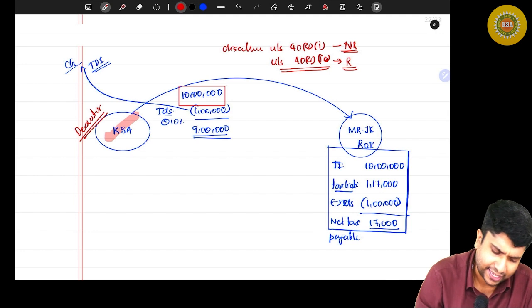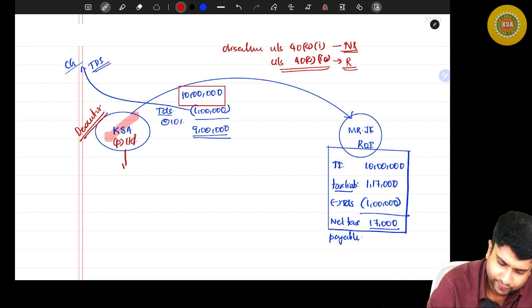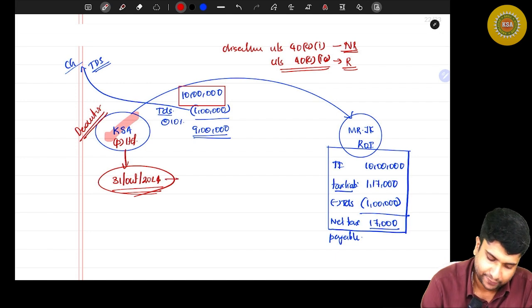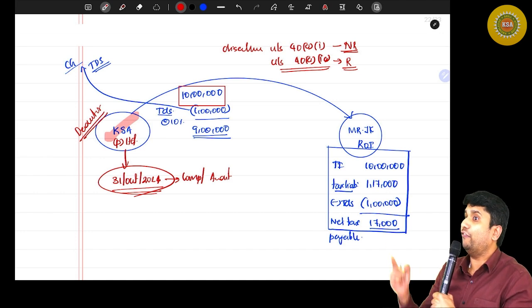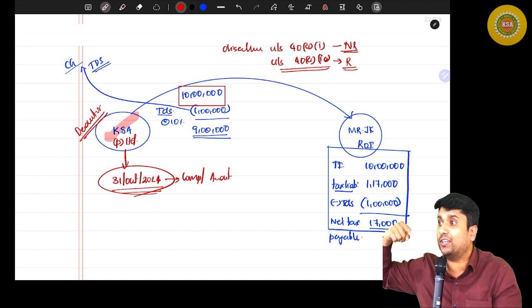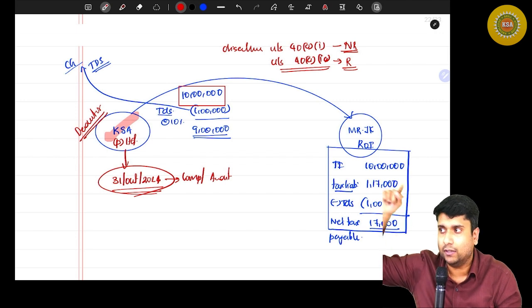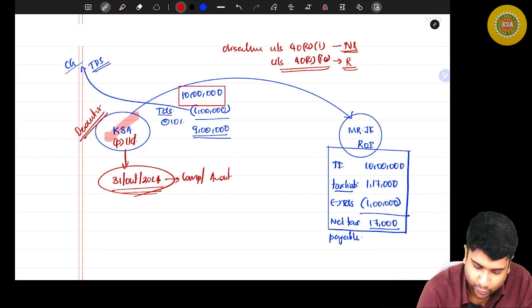Now, can you tell me, KS Academy being a company, what will be the due date for return filing? 31st October 2024 will be the due date of filing return for a company. For companies and those who are subjected to audit, they must file their returns on 31st October of the assessment year. This 31st October 2024 is written based on an assumption that the PY is 23-24. Now, for a non-audit, normal person, when is the due date of filing return?